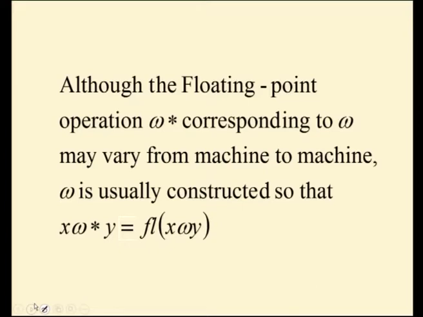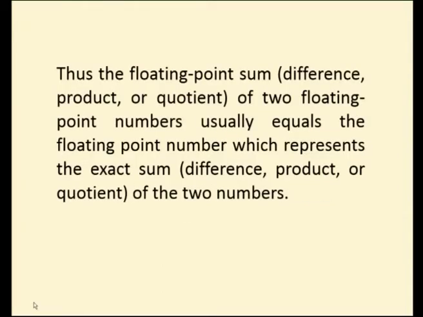So, omega star is usually constructed so that the operation is done in such a way that x omega star y, that is floating point multiplication of x and y, is equal to the floating point representation of the usually multiplied number xy. Thus, the floating point sum or difference or product or quotient of two floating point numbers usually equals the floating point number which represents the exact sum, difference, product, etc. of the two numbers.